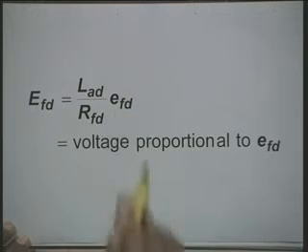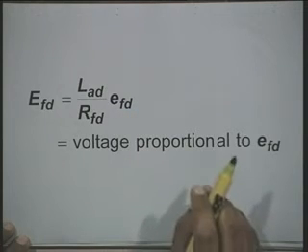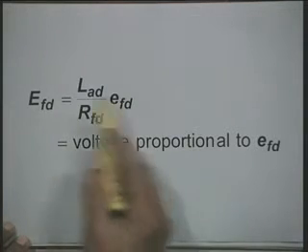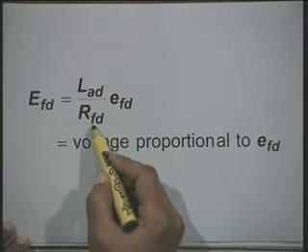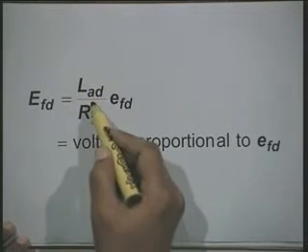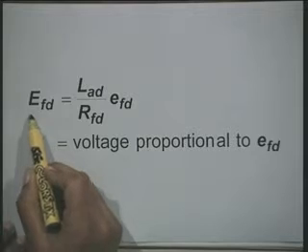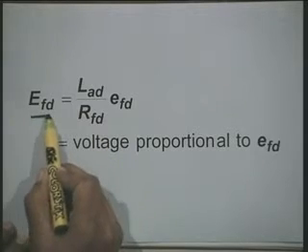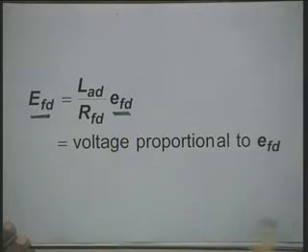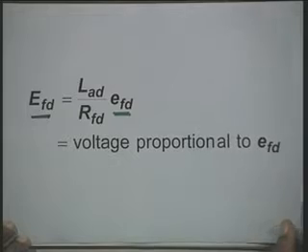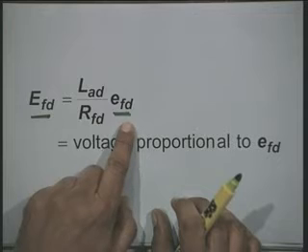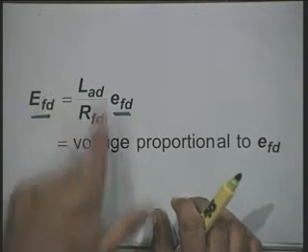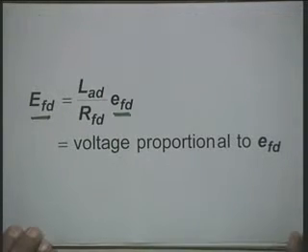Now, this EFD is the voltage applied to the field circuit. We transform this by multiplying with a multiplying factor, again these are per unit quantities. Therefore, this is a constant, and EFD is a voltage term proportional to the field voltage. That means instead of calling this term EFD, I will now express it in terms of this term, which is related to this voltage by this multiplying term, there is a coefficient.